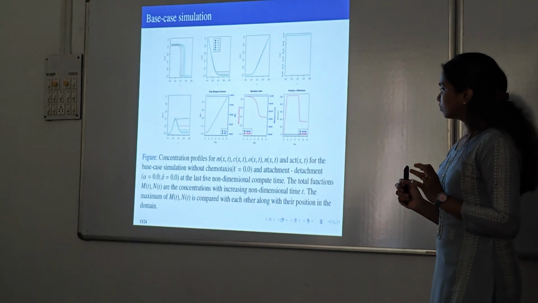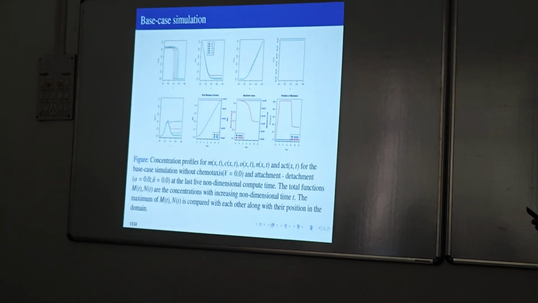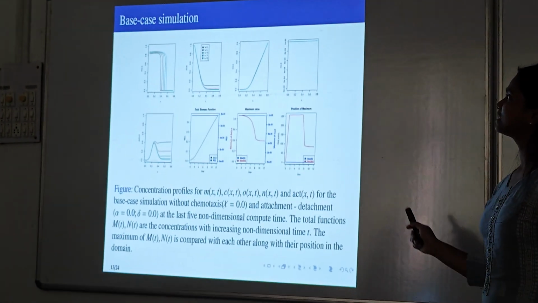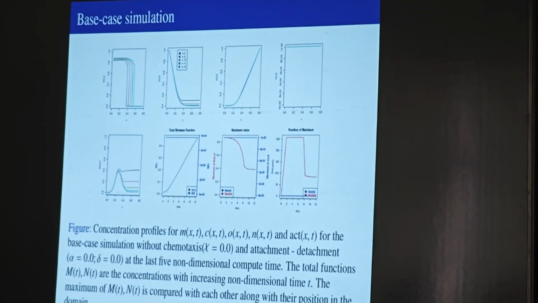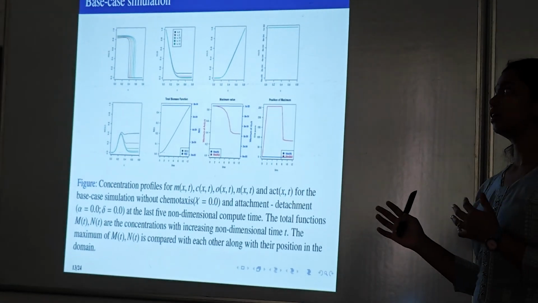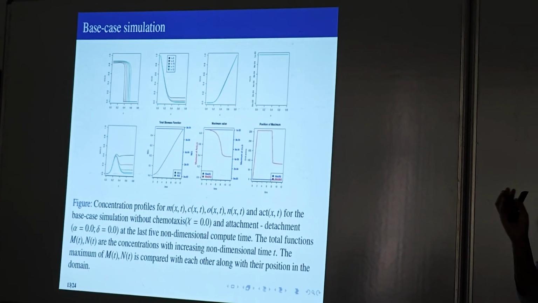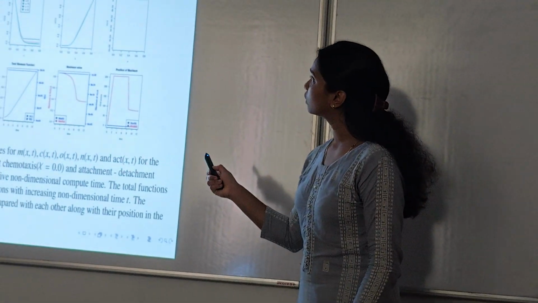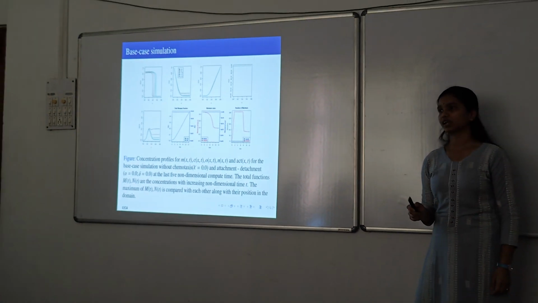I'll show a little bit of the simulations. We did a lot of simulations, but we cannot present all of them. So this is the base case simulation. As my base case, I have bacterial biofilm and planktonic bacteria, but there is no growth of planktonic cells, so there is no growth of N, which you could see here, and there is no attachment, no detachment, no chemotaxis.